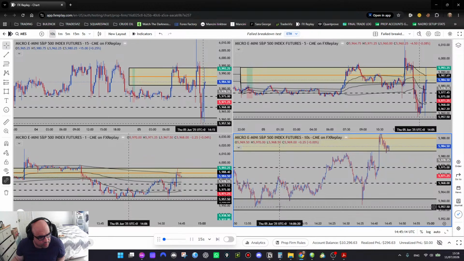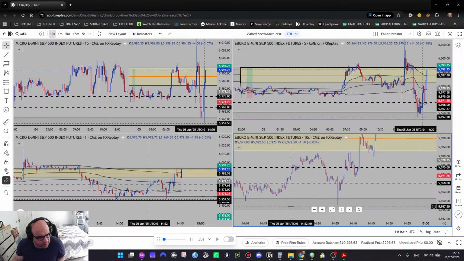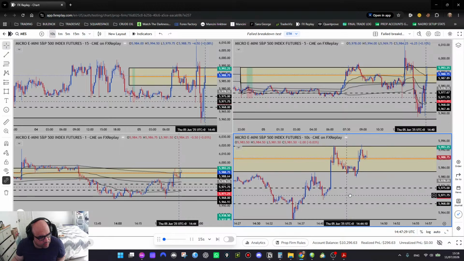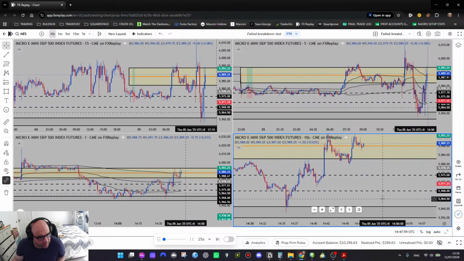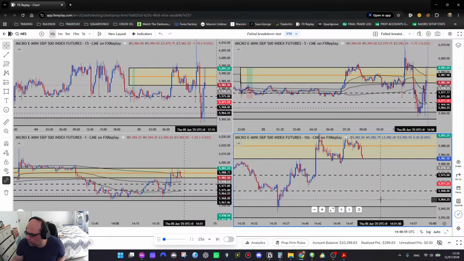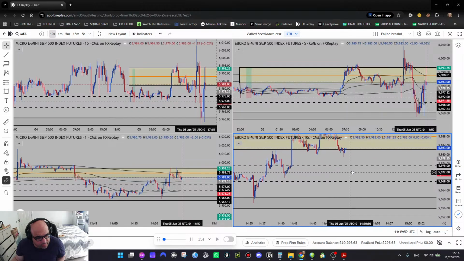No, there's no failed breakdown here because it didn't break the lows. But it just did another touch. So in theory, we should see price coming back to 59.49.